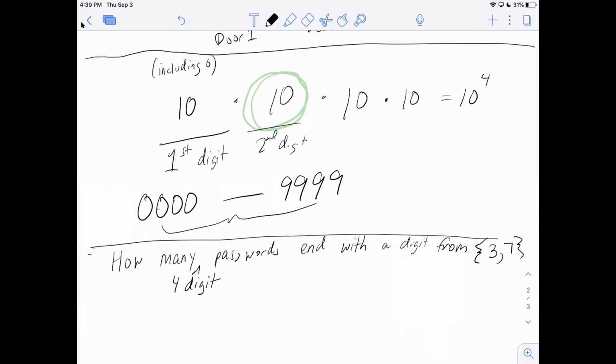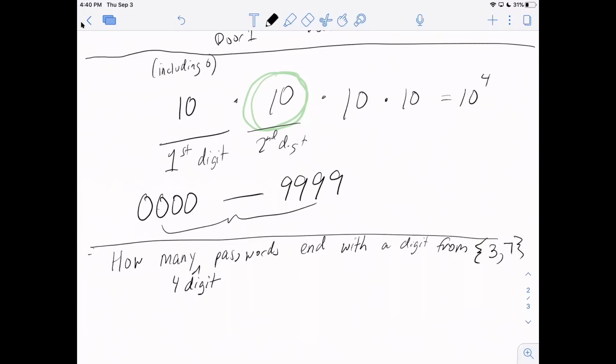So how could we do this one? So the last digit could either be a 3 or a 7. Nice logic. Sorry, I think I might have said it when I was talking about the last 2 digits.